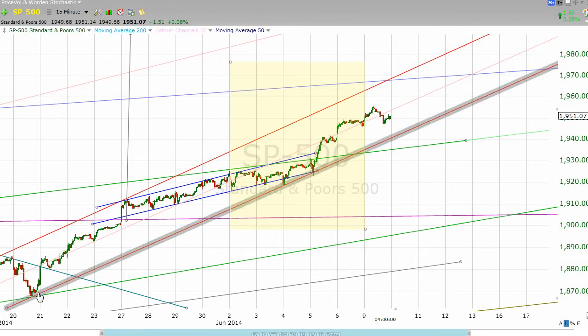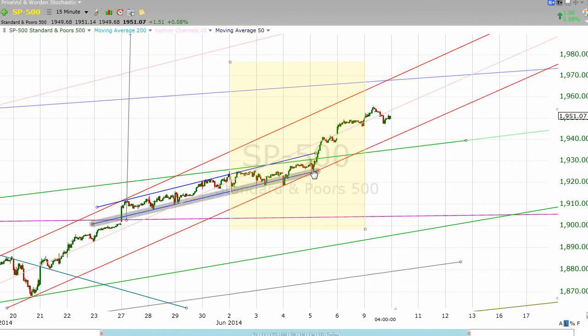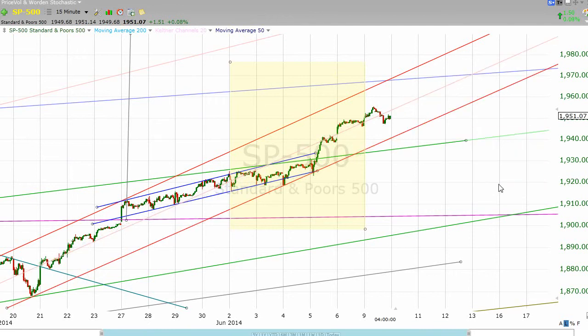Sometimes you'll have a channel where you start out like we did here, all north of this middle line. Then you'll break down through it, then you'll continue the move upwards, but you'll be between the midline and the support line. What's interesting here is on Friday we got above this midline. We bounced on it again today, but in the afternoon we came back down through it.